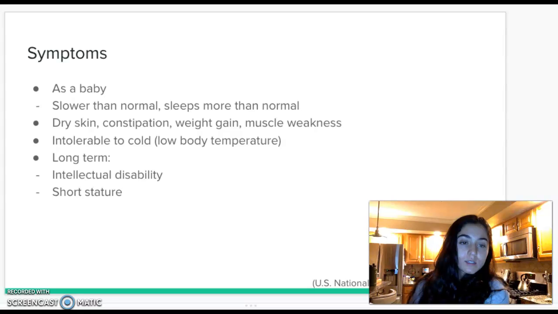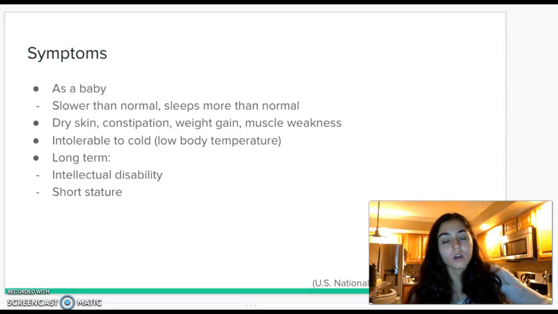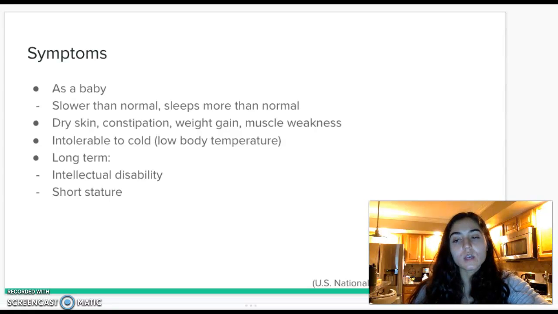Dry skin, constipation, weight gain, muscle weakness are all also symptoms. An intolerance to the cold is also a symptom because with lower thyroid hormones, we'll see a lower body temperature. And then long-term effects of primary congenital hypothyroidism can lead to intellectual disability and short stature.